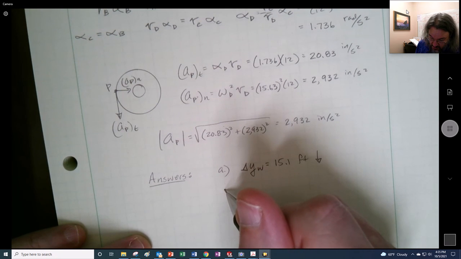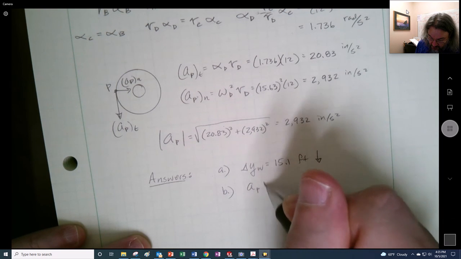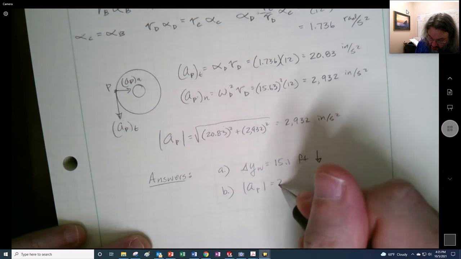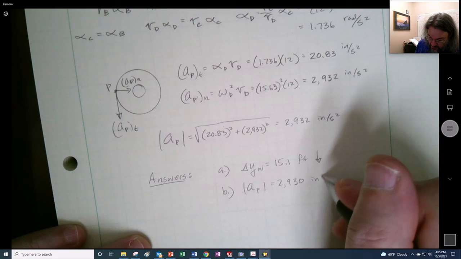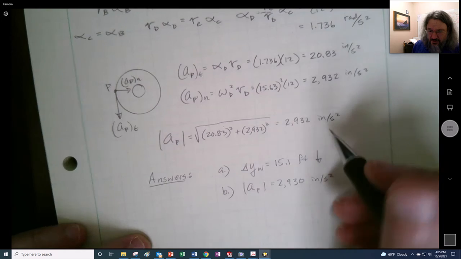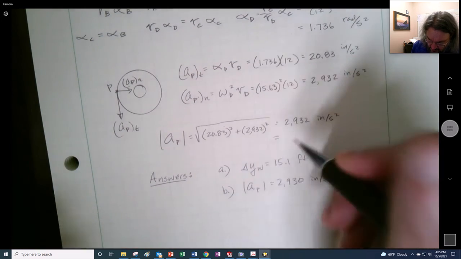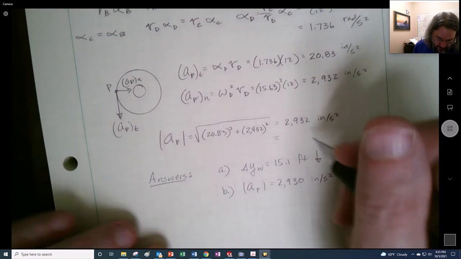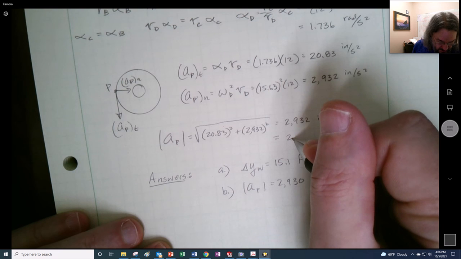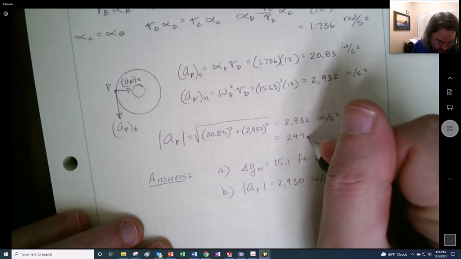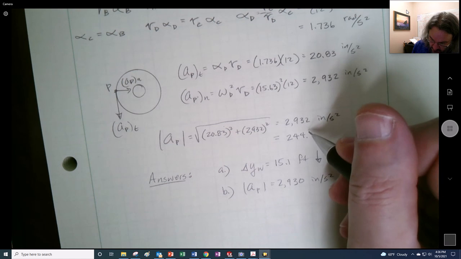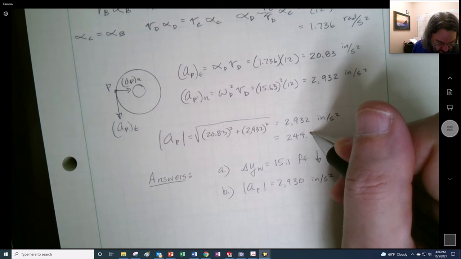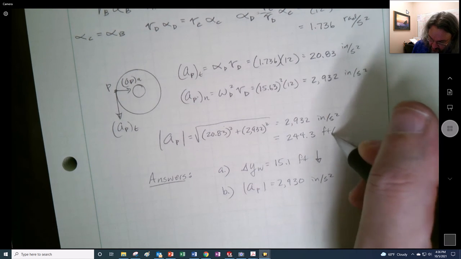And then B, the acceleration of P, magnitude 2,930 inches per second squared. Actually, I probably should turn that into feet. Let's just divide by 12. So we get 244.3 feet per second squared.